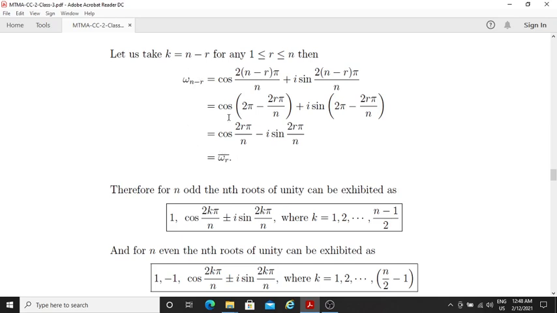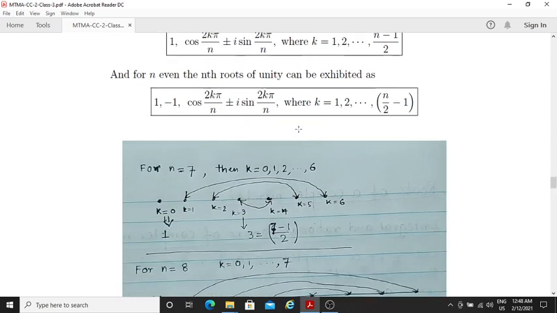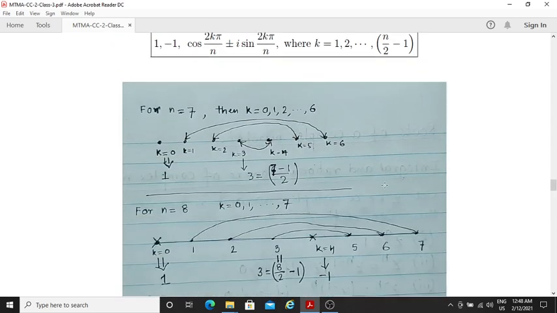If you take the conjugate on both sides, you will see that omega r is the conjugate of omega n minus r, because we are conjugating the two numbers. So let me show you this picture over here. It will tell you the actual thing.